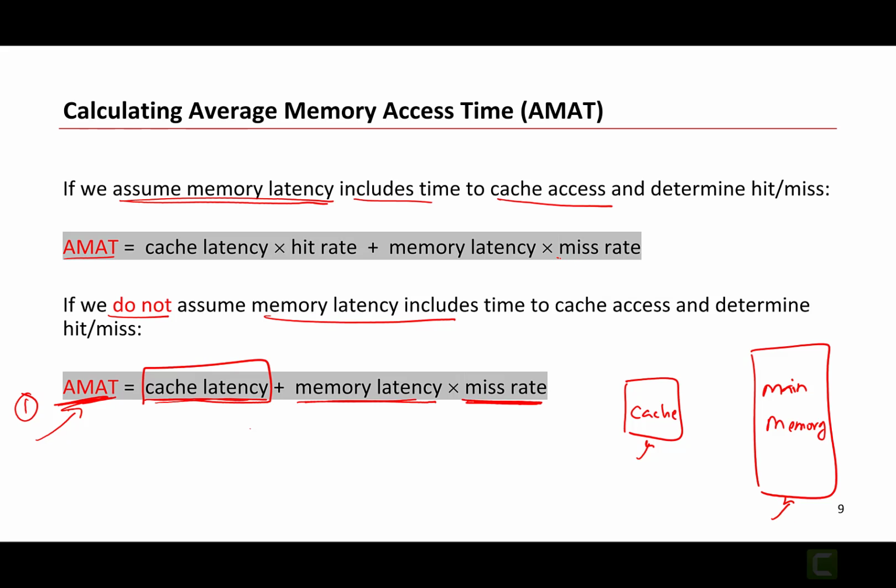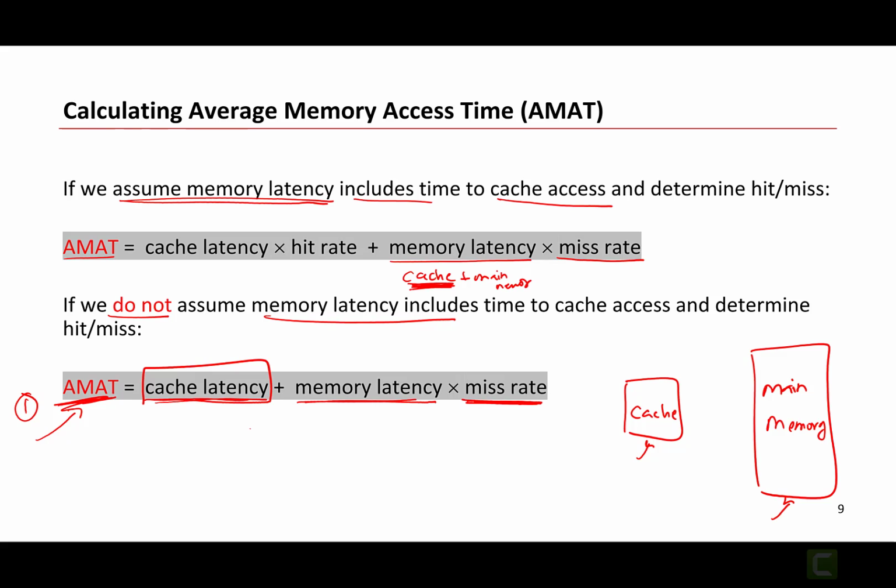when I say some fraction of cache misses, I incur the latency of memory, that latency includes the cache access latency and the main memory latency, right? So it already includes the cache access latency, and therefore you don't need to double count it.